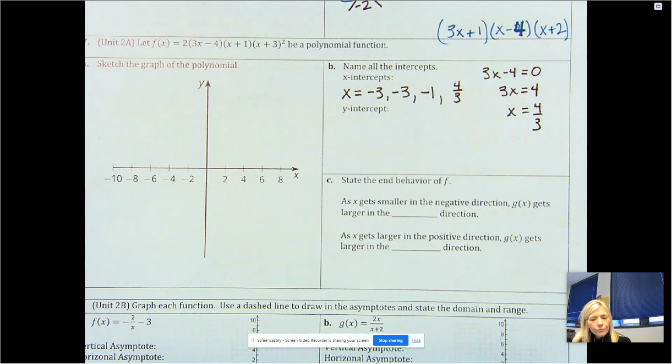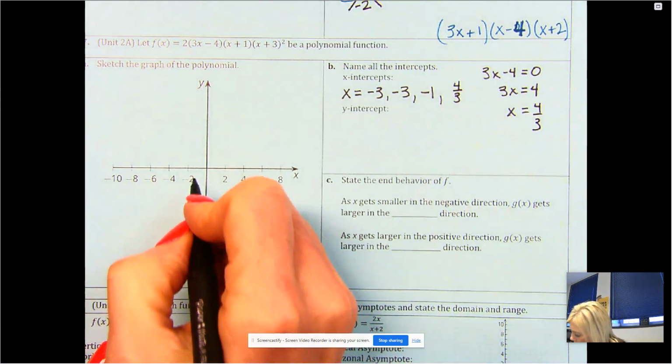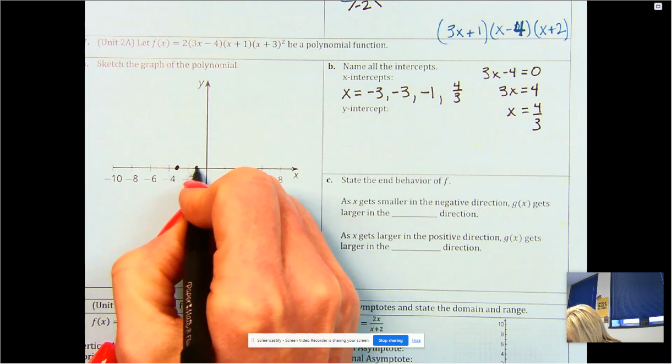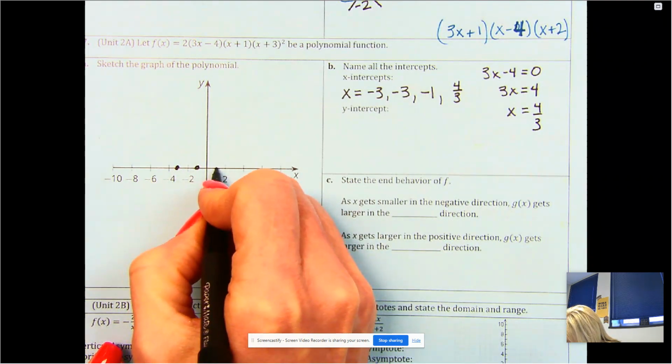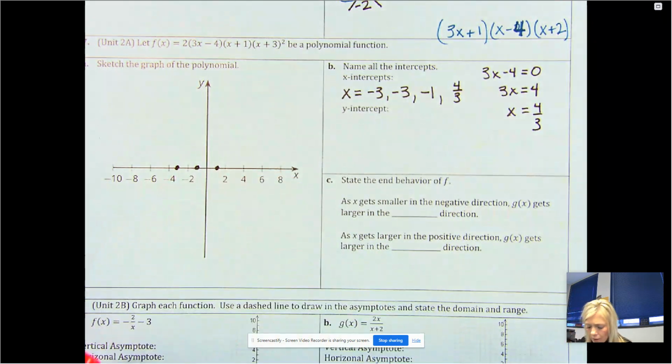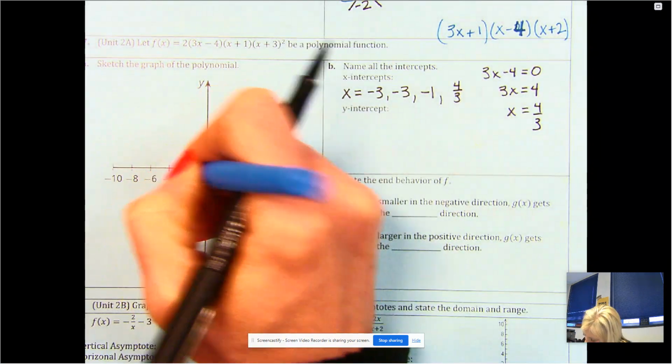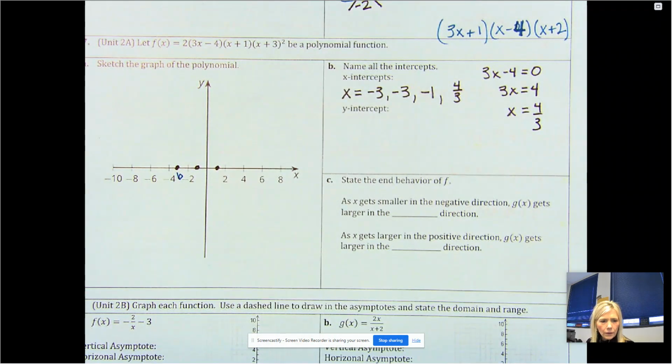Okay? All right, so those are the x-intercepts. So negative 3 is here, negative 1 is here. 4/3 is just like a little more than 1. So I'm going to put a little tiny b next to this one to remind me it's going to bounce right there. Okay. Next is the y-intercept.